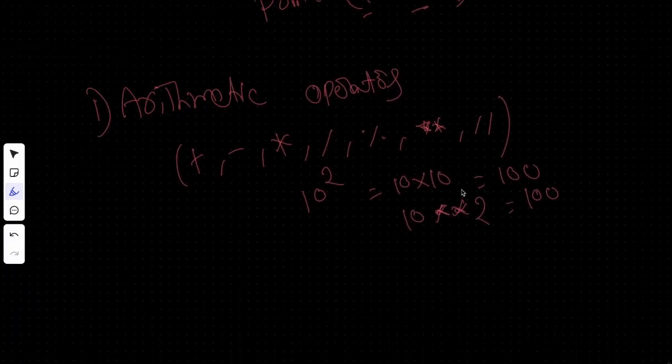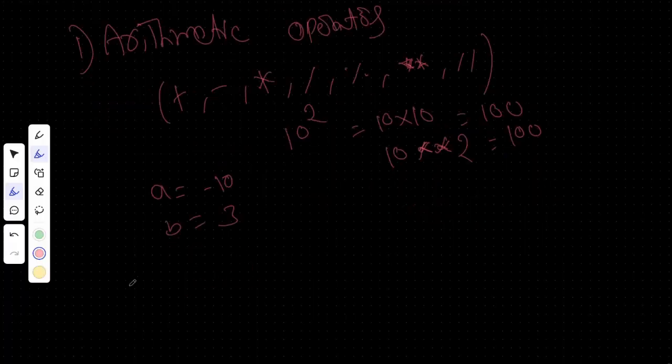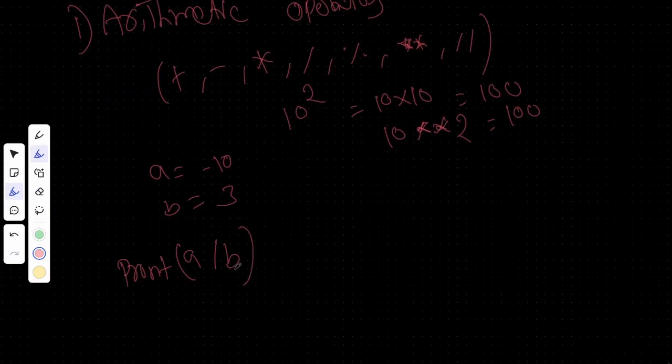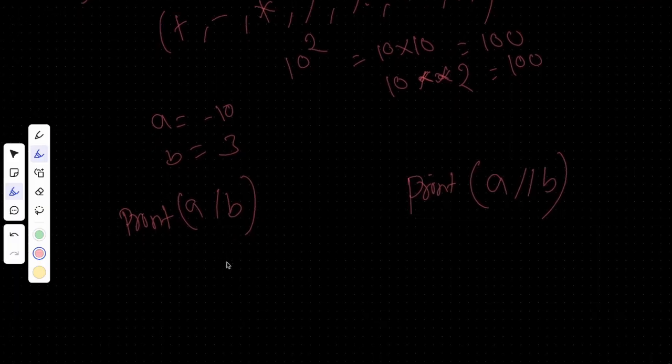That is the exponentiation operator. And floor division: we have a difference between division and floor division. Let's say, for example, we have two variables, a equal to minus 10 and b equal to 3, and print a divided by b, that means a division by b, and here print a floor division by b. So what is the difference between these two?